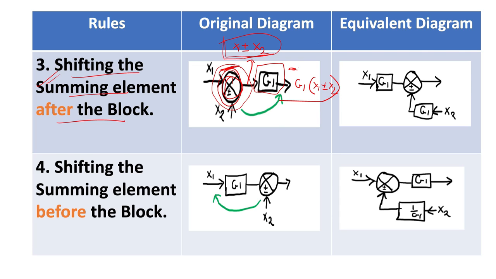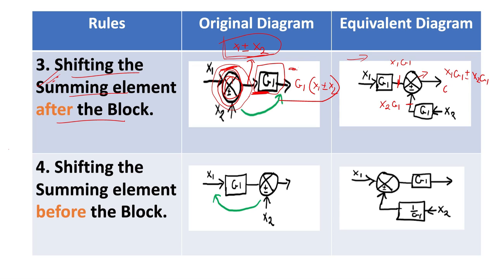And in order to shift this summing element after this block, you have to insert this block G1. Now in this diagram, the output here will be x1 G1 and the output here will be x2 G1, and then after this summing element, the output will be x1 G1 plus minus x2 G1.